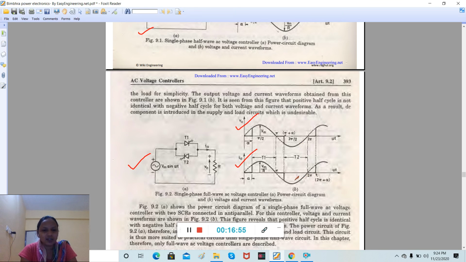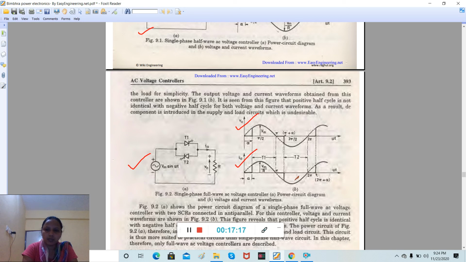That's why this circuit is more suitable in practical circuits than the single phase half wave AC voltage controller. The single phase full wave AC voltage controller is also known as the single phase bidirectional voltage controller.